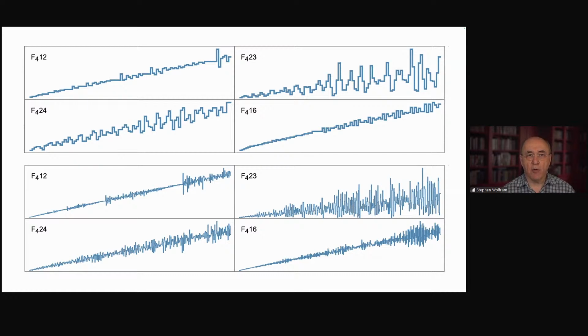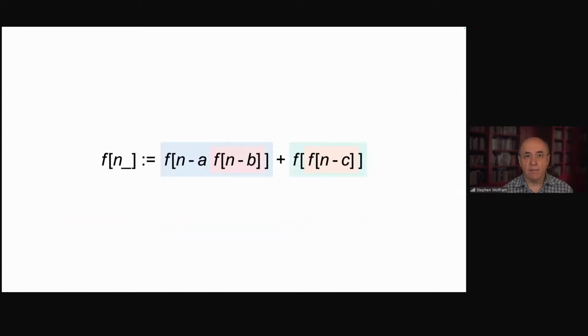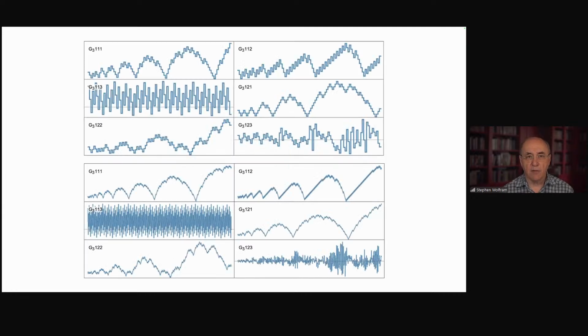A somewhat more unusual case is what we can call g sub 3 abc. That's this function here. If we subtract overall trends, this is the behavior we get from that function.